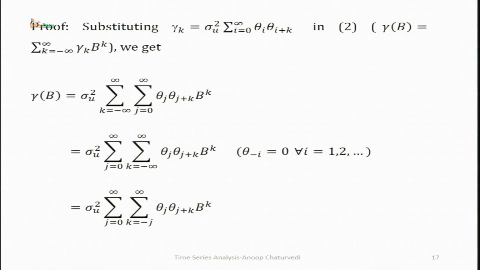Now, we prove this result. For the general linear process, we have already derived the expression for gamma k.